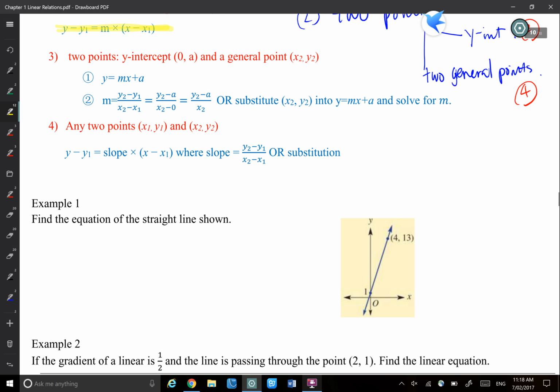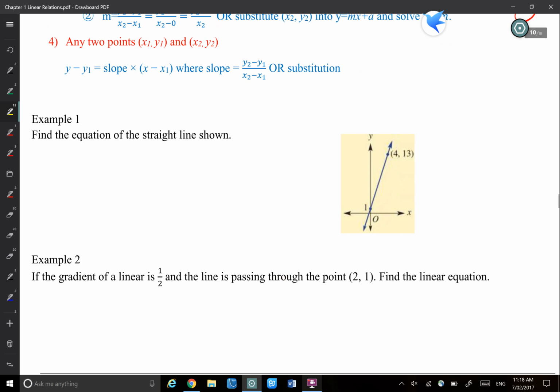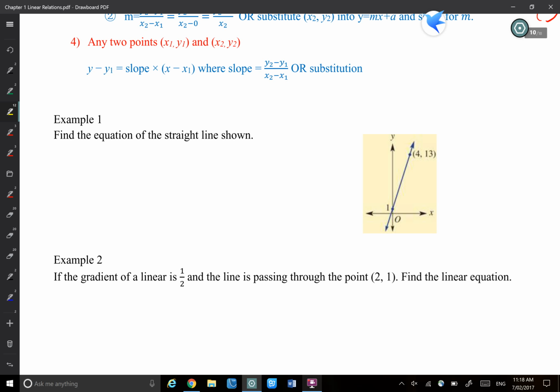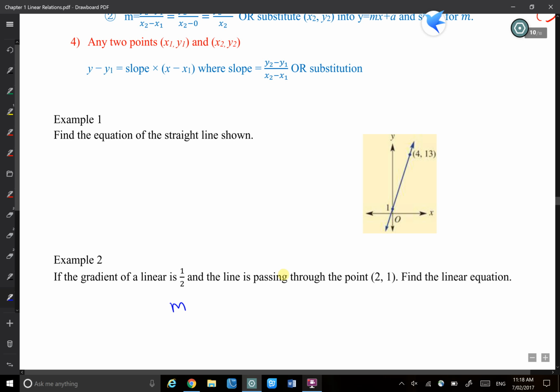Let's have a look at example number 2. If the gradient of a line is a half, so m equals a half, and the line is passing through the point 2, 1, then my x1 equals 2, my y1 equals 1.